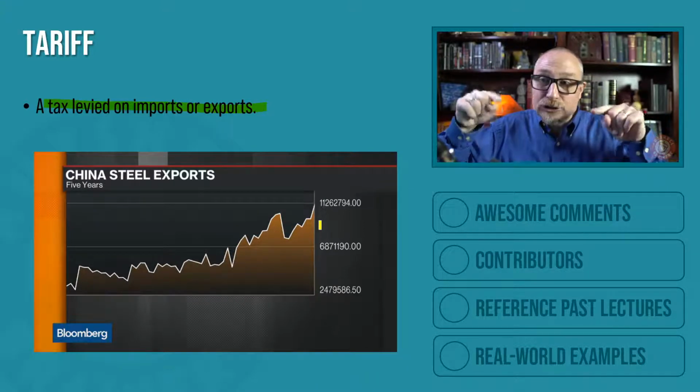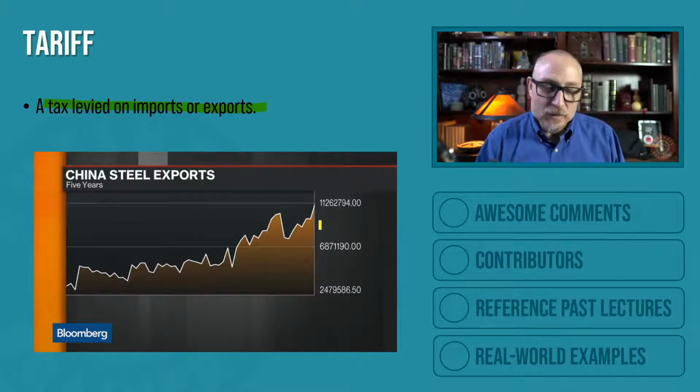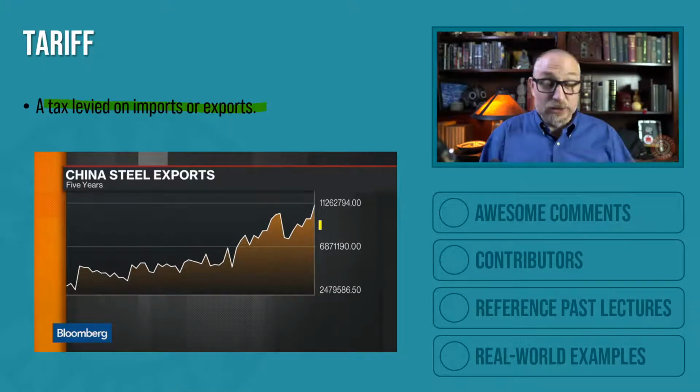Now, on Thursday, we're going to talk about why we would do that, and why we would protect versus open up free trade. There's a lot of really good reasons why we do this. But this is what a tariff is. Now, of course, for quite a while, the trade wars were front news with China.